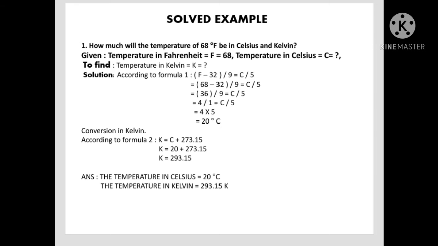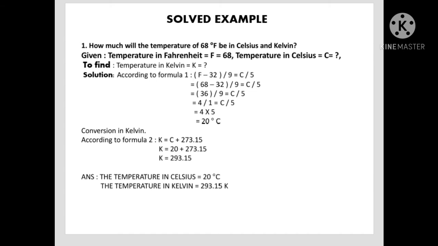So according to the formula, (F - 32)/9 = C/5. By substituting the value of F, which is given as 68, it becomes (68 - 32)/9 = C/5.